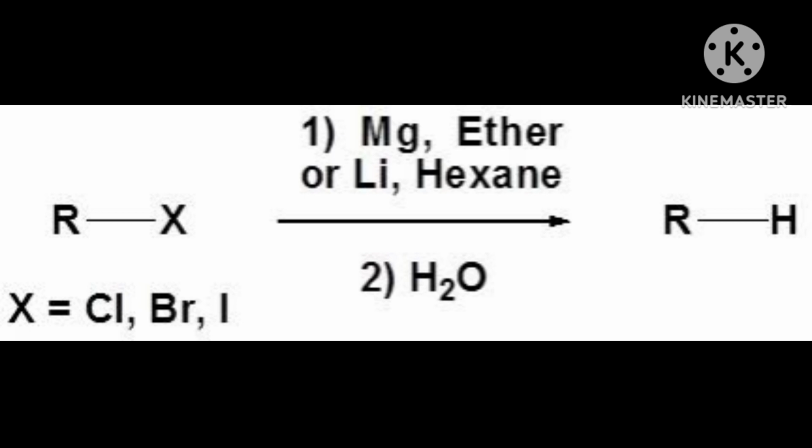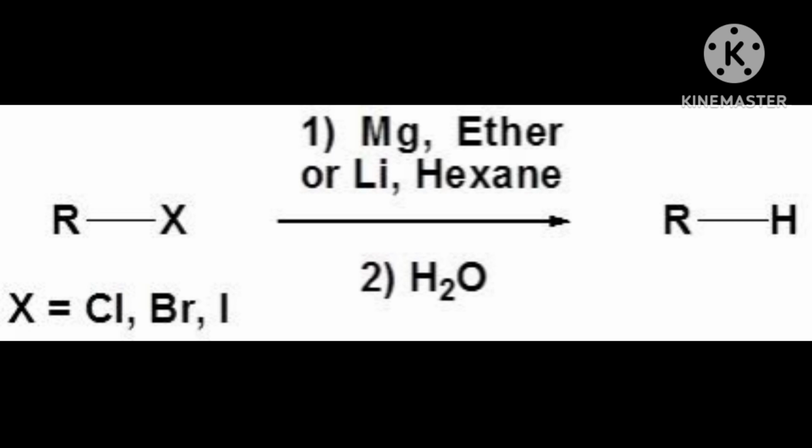An important class of organometallic compounds was discovered by a chemist, Victor Grignard, in 1900, that is alkyl magnesium halide, popularly known as RMgX. R means alkyl, Mg magnesium, X means halide. Okay, Grignard reagent, RMgX, always you remember.